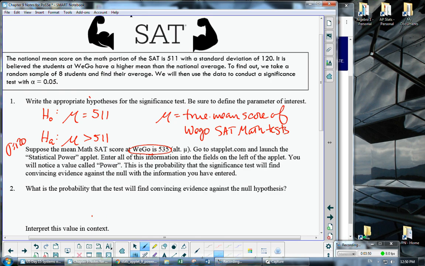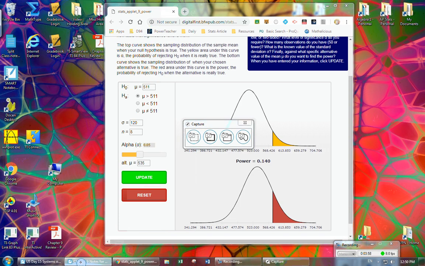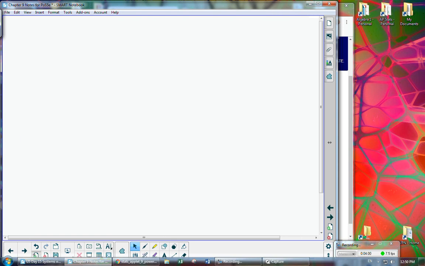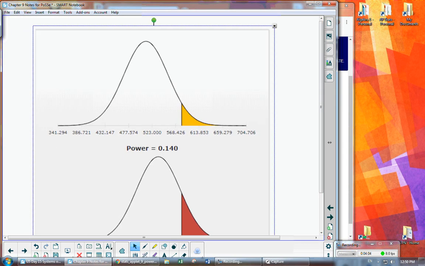I'm going to do a new page here. Notice what's going on here.